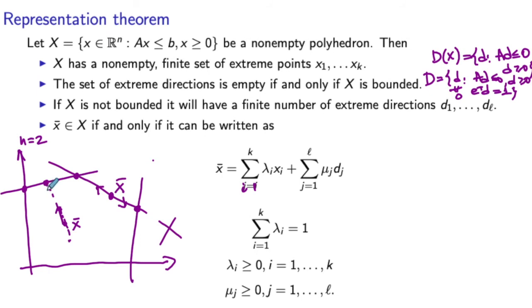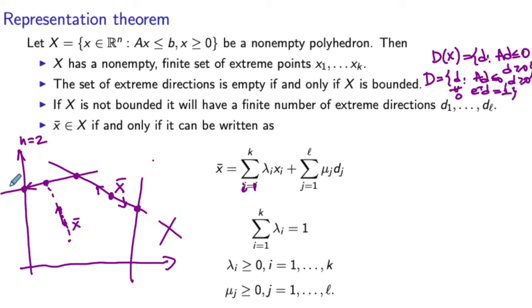And now for this point there is one defining hyperplane that passes through it, and we apply the same logic as before for this x bar right here to obtain an extreme point of our feasible region.